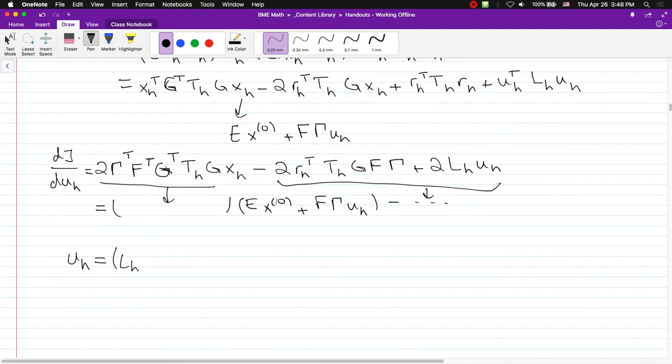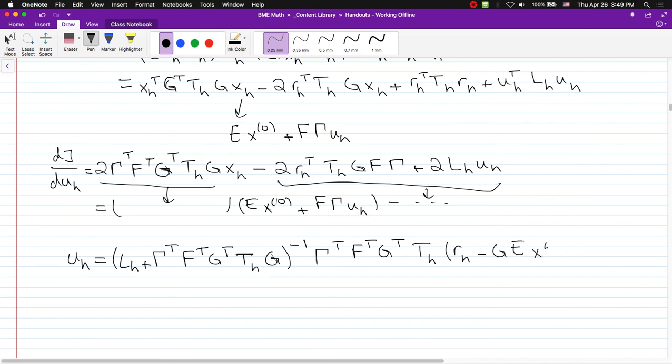You get (LH plus gamma transpose F transpose G transpose TH G) to the minus 1 times this term here, gamma transpose F transpose G transpose TH (RH minus G E x0).